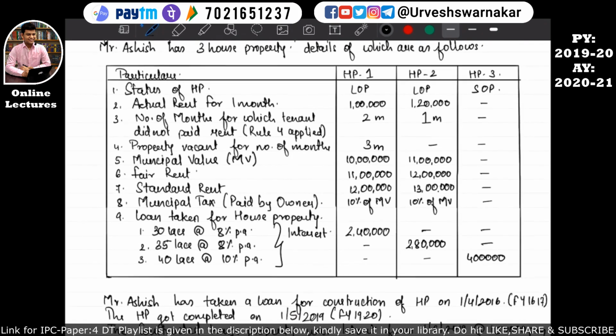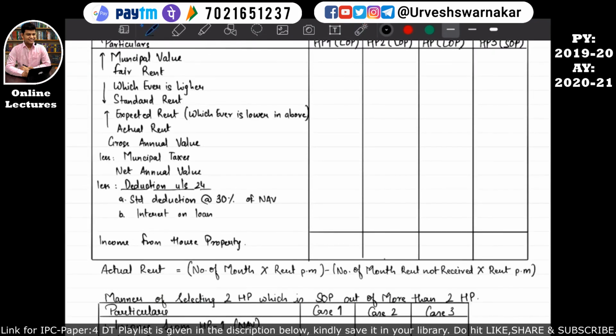The details that we need to feed in our format are municipal value, fair rent, standard rent. So we will simply feed that detail first as it is. Come back to our format. The municipal value is 10 lakhs, the fair rent is 11 lakhs, and the standard rent is 12 lakhs. I hope this is quite clear.